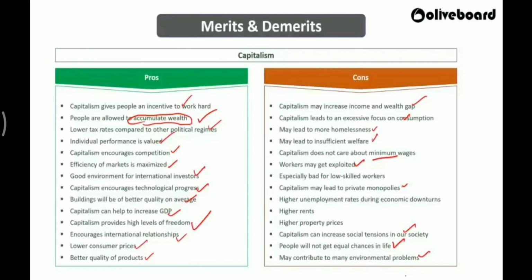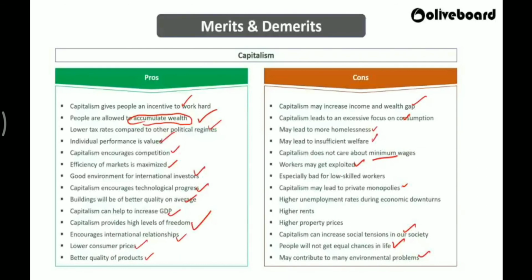Yes, may. Guys, understand when your motive is profit, you go to any extent. You exploit environmental resources, natural resources. You exploit because your motive is what? Profit. So you may go to any extent to do that. Correct? So that is why they are telling here that could be a disadvantage of capitalism.